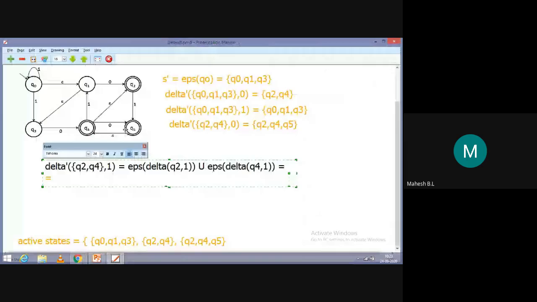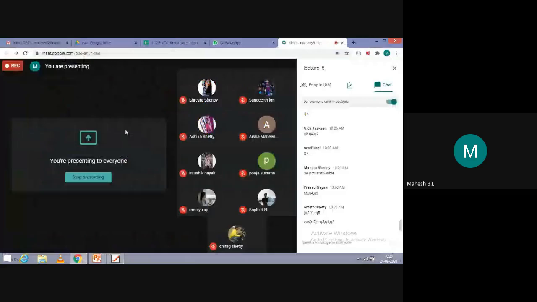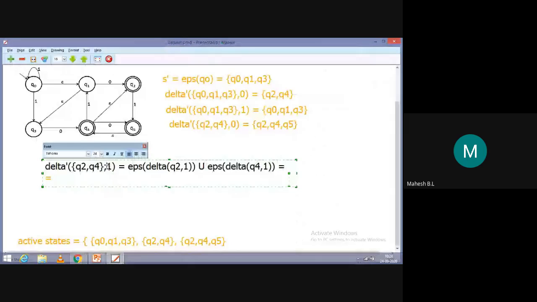Just tell me. What is epsilon of Q5? Epsilon of Q5 is Q2, Q4, Q5. So you need to add Q2, Q4, Q5.